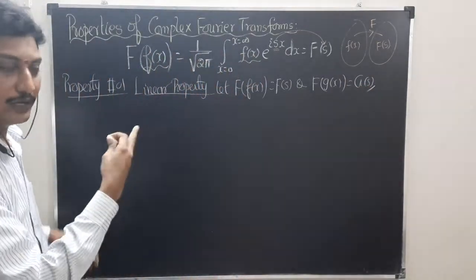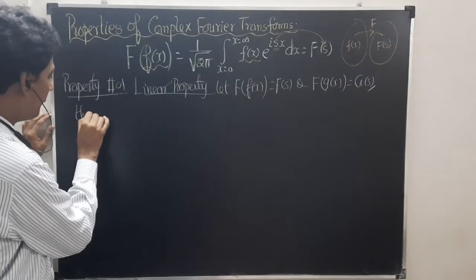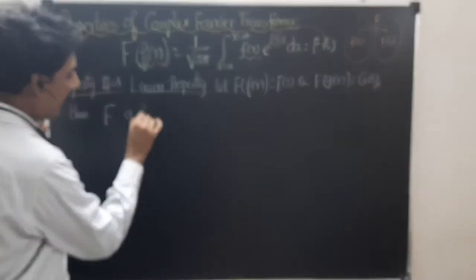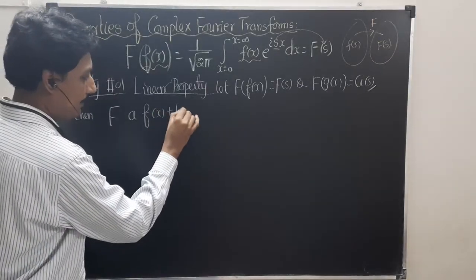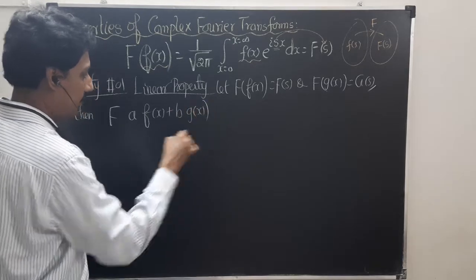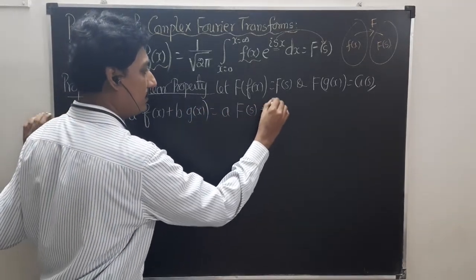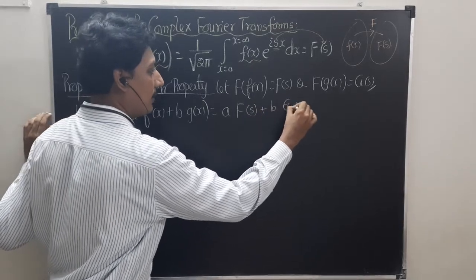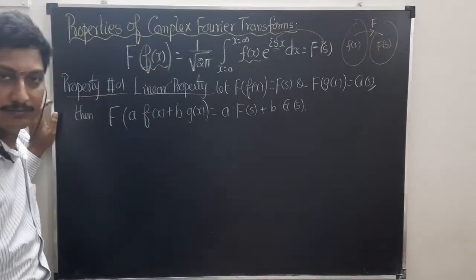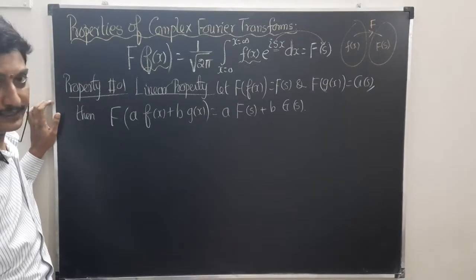There are two functions, f of x and g of x. Then the Fourier transform of a f of x plus b g of x is equal to a times the Fourier transform of f of x plus b times the Fourier transform of g of x, where a and b are constants.